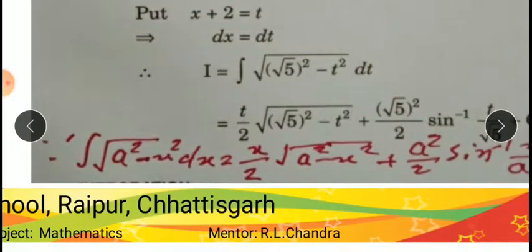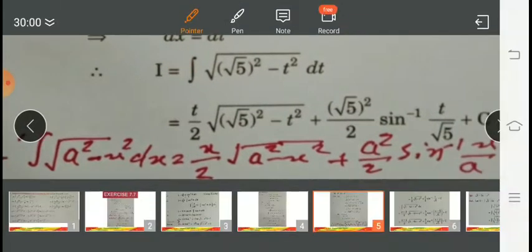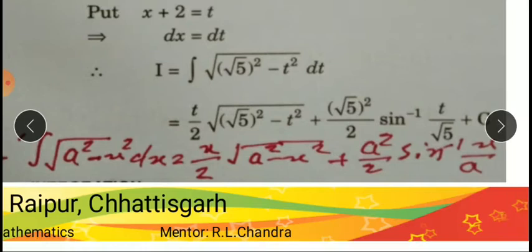Then I is equal to integration root 5 square minus t square. Using the formula, this is written in the form of integration root a square minus x square, and this is the formula for this, you know very well. Substitute, here x by 2, x by 2 means t by 2, root a square minus x square.